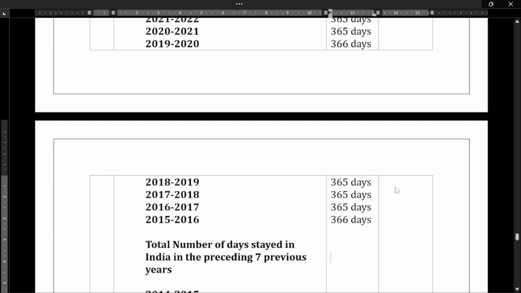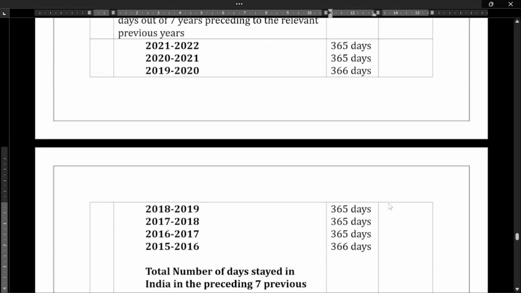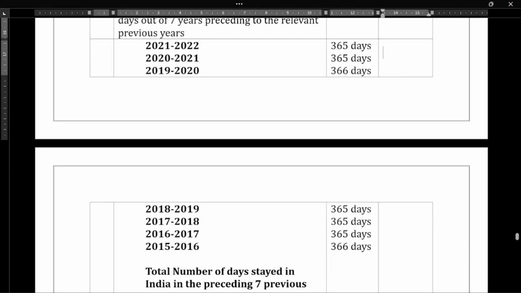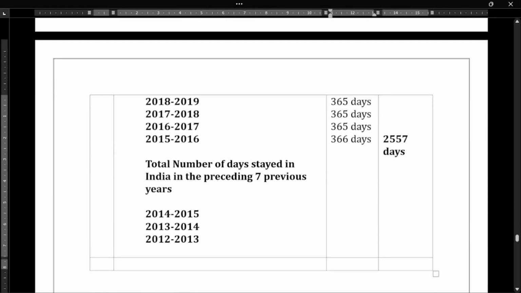So total number of days he stayed in the previous 7 years, you need to add all these: 365 plus 365 plus 366 plus 365 plus 365 plus 365 plus 366. One second, I'll check once again. Yes, it will be 2557 days.